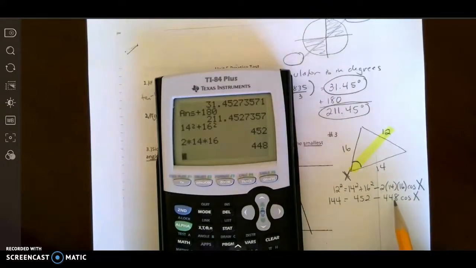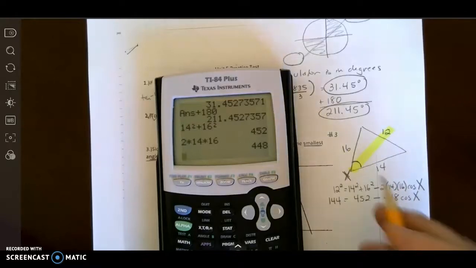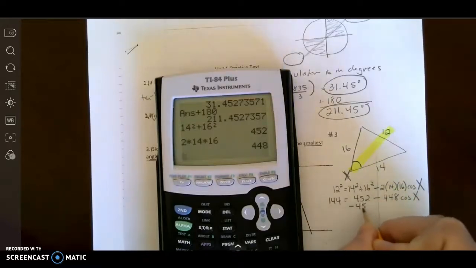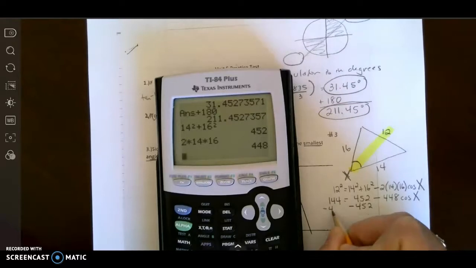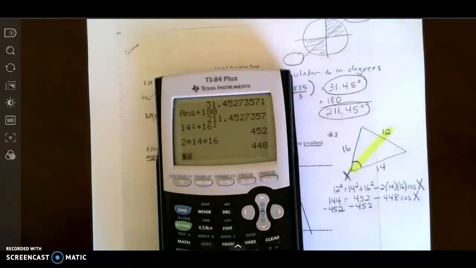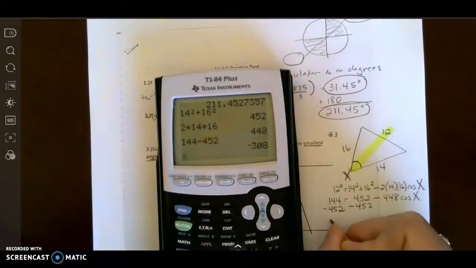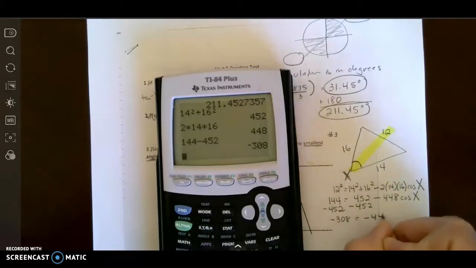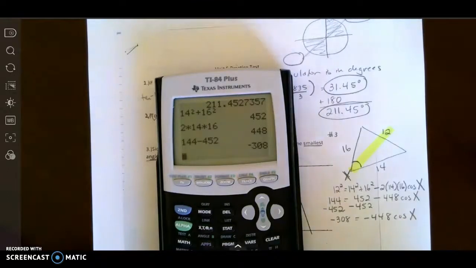Then I can't get these together because this 448 is attached to the cosine of x. So I'm going to subtract 452 from each side. And 144 minus 452, I get negative 308 equals negative 448 cosine of x.